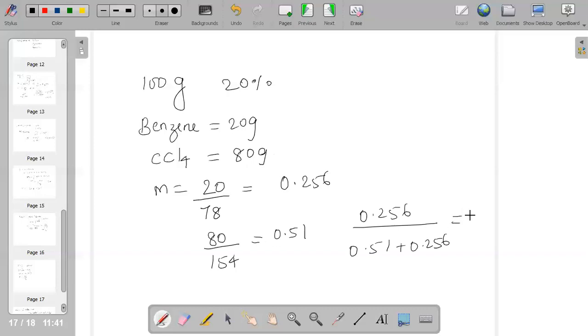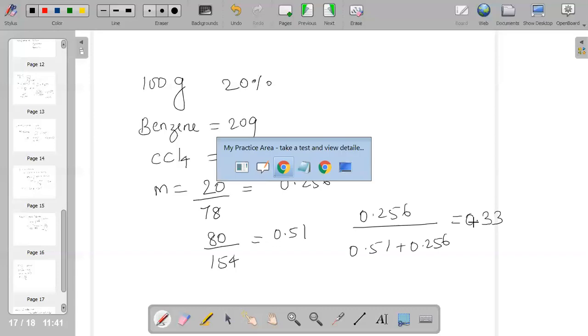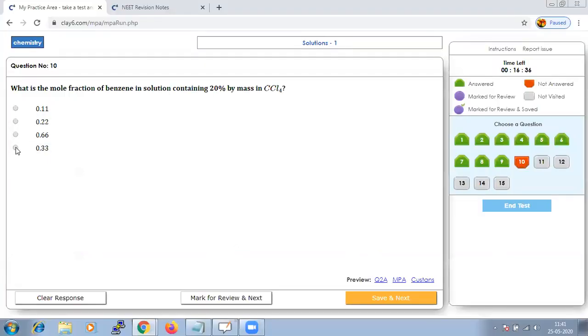If you solve this, you will get a value of 0.3. So our option D should be the right option. Let us save that and go to next.